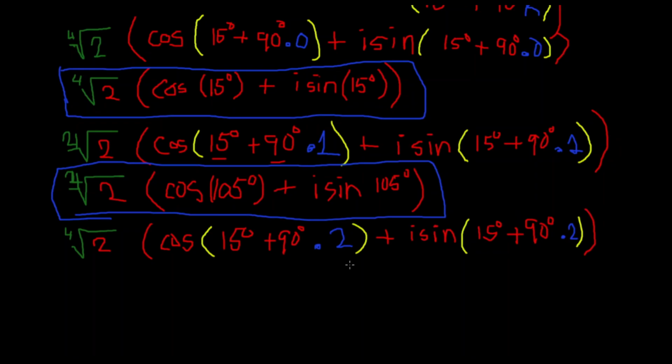So 90 times 2, we all know is 180 degrees. 180 plus 15 is 195 degrees.